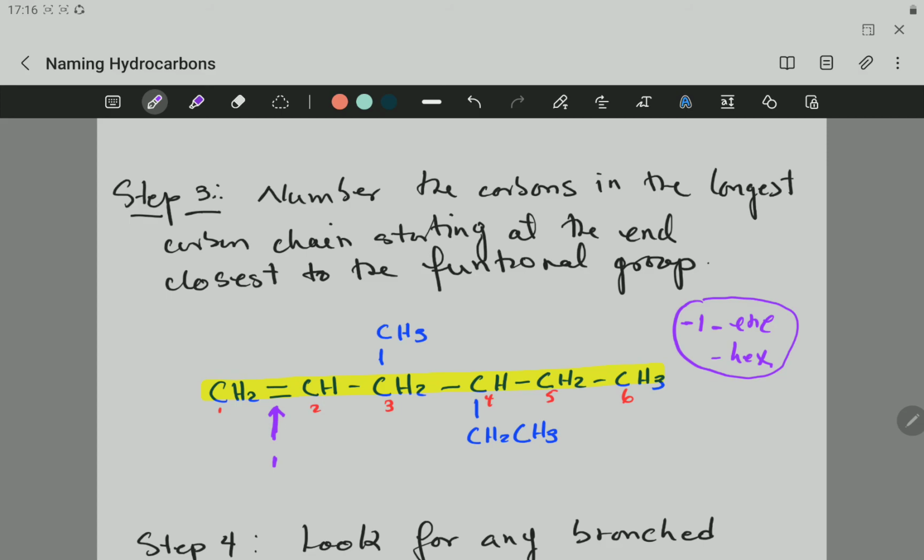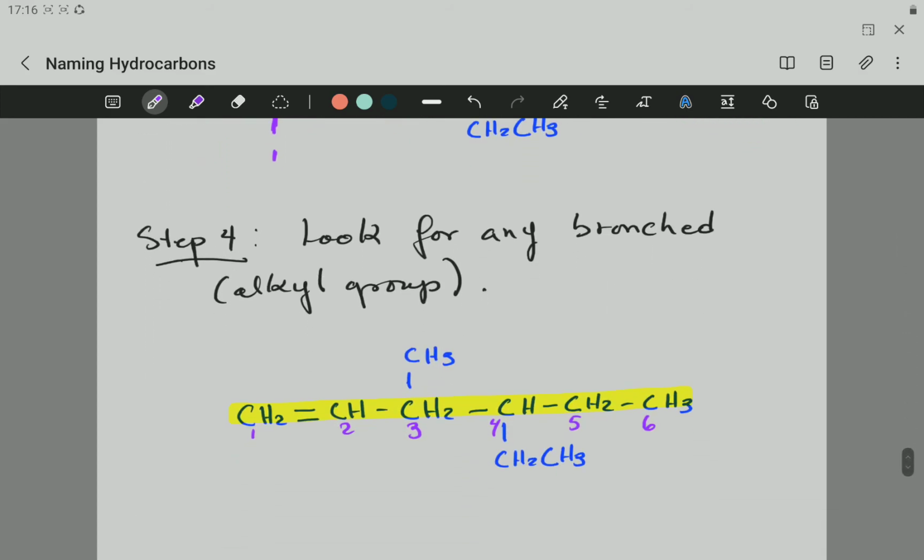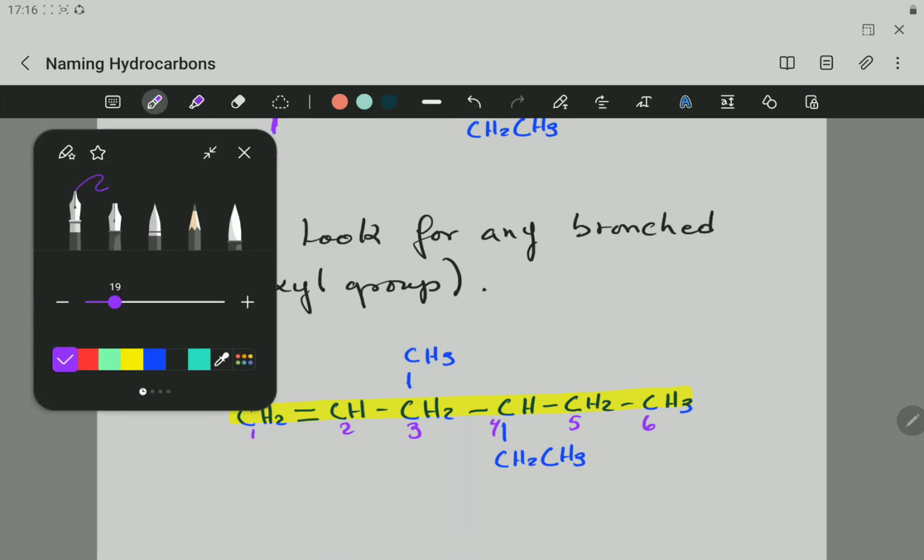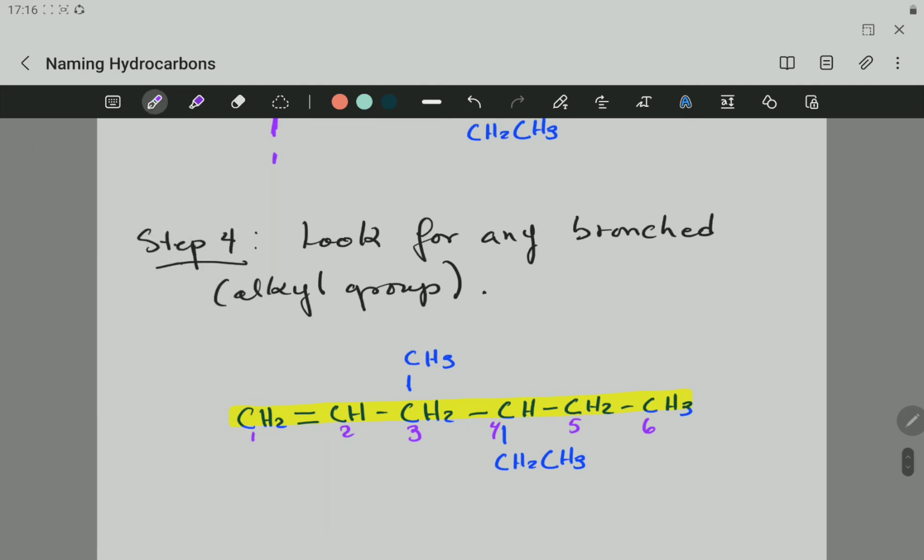Okay? Step 4. Now we are going to find out any branches. What branches do we have here? We have here methyl, and we have here ethyl. All right. We don't have more branches.